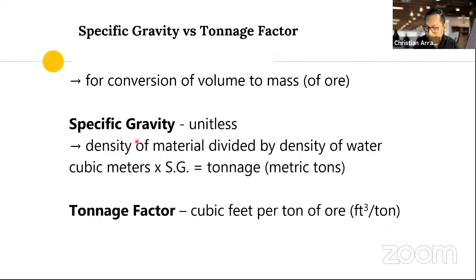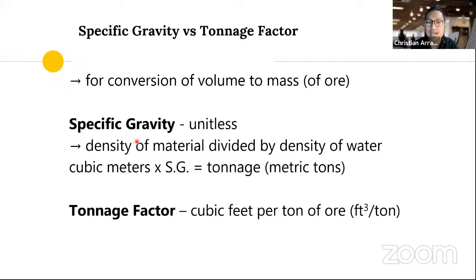Ang specific gravity ay density of a certain material dinivide sa density of water, which is 1. Ang density of water na 1, dapat careful kayo sa units. Ang density ng water ay 1 metric ton per cubic meter, pwede ring 1 gram per cubic cm.